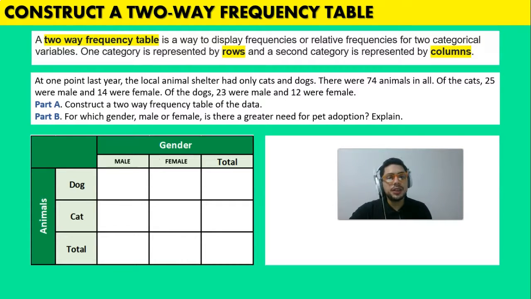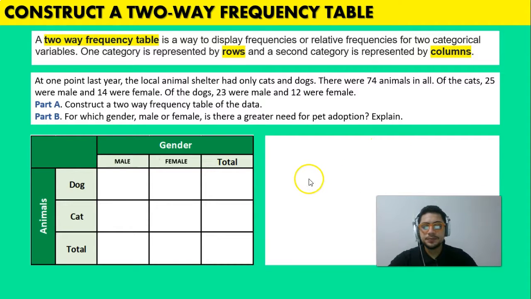The important thing here is that you have a third column and a third row in this case that represent the total. So in this column, you are going to have the total amount, or the sum, of the two previous columns or rows. Okay, so let's take a look at this. In the shelter, there were 74 animals in all, so the big total has to be 74.